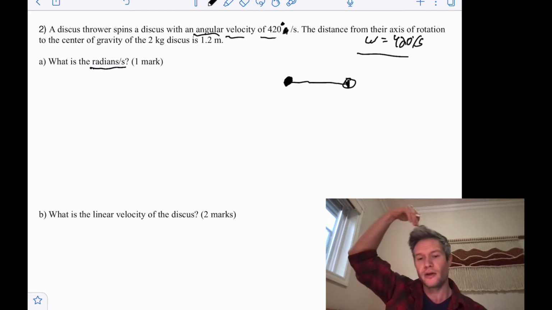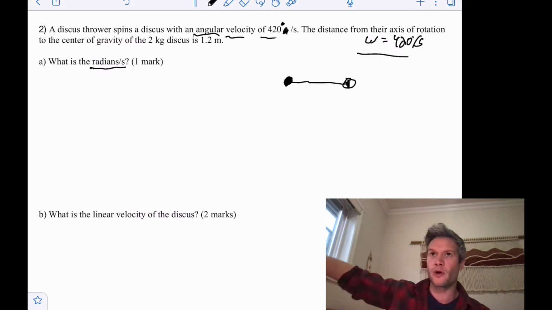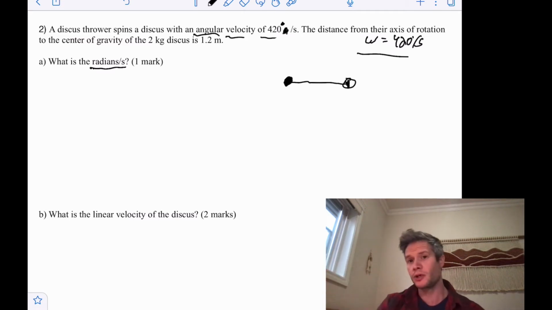So essentially from their spine, through their shoulder, through their arm, all the way out to their hand. We're going to assume that's something called a rigid body, just one piece, not moving at the shoulder or anything. It's just one straight line. Based off of this question, we're going to make that assumption. 2 kilograms as far as the discus weight doesn't really matter to us right now. That's just extraneous information telling us about the discus. But going back to the axis to the center of gravity, that is 1.2 meters.